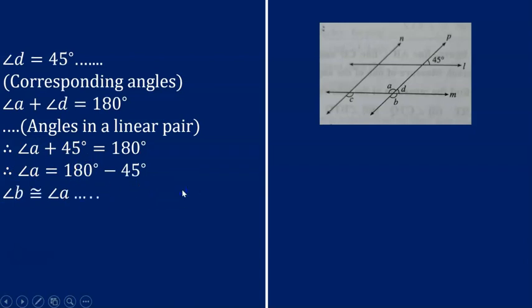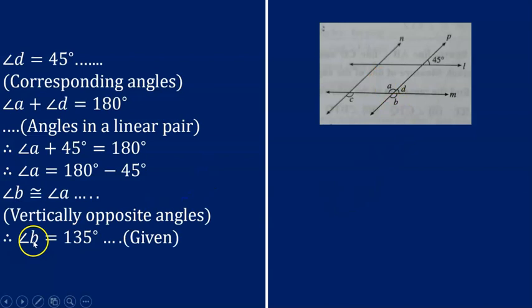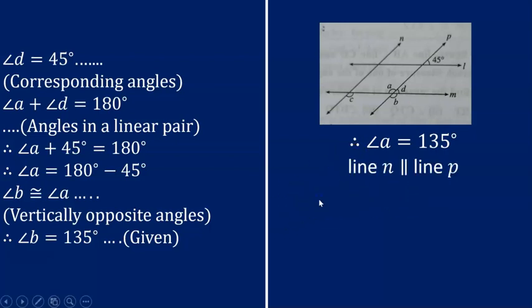All these are very easy, you can find them on your own also. The measure of angle B is equal to the measure of angle A, as they are vertically opposite angles. Therefore, the measure of angle B is equal to 135. The measure of angle A is also 135. All the angles are easy, you can do them orally also.